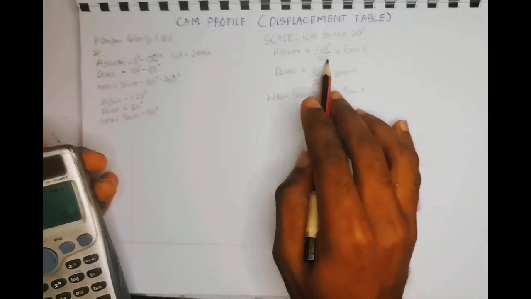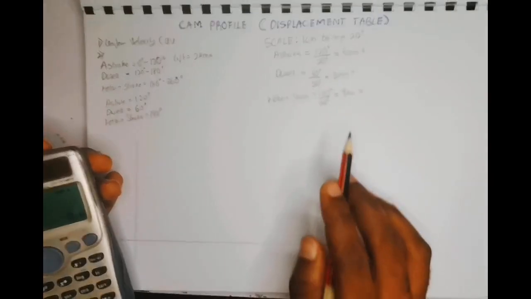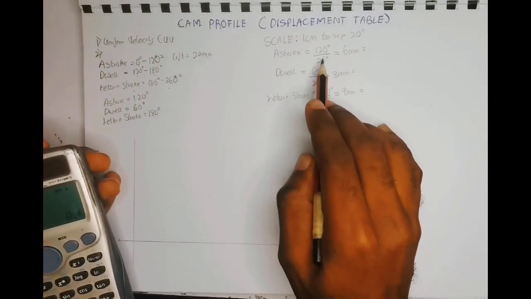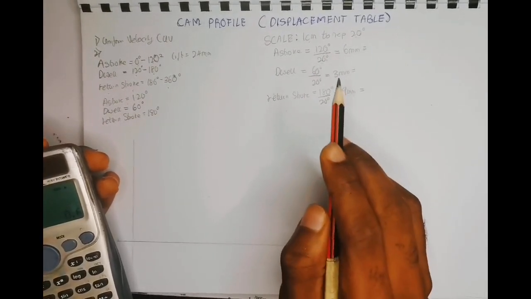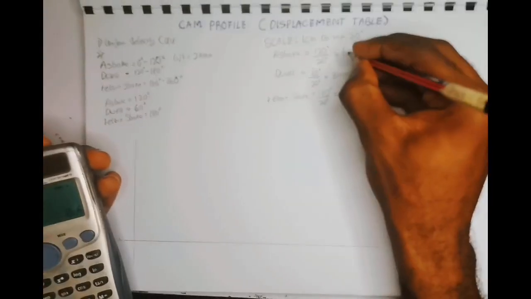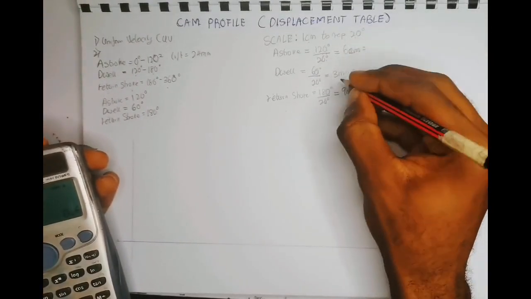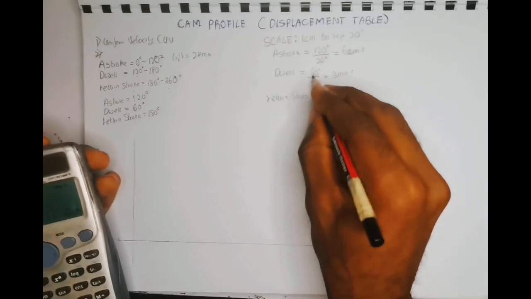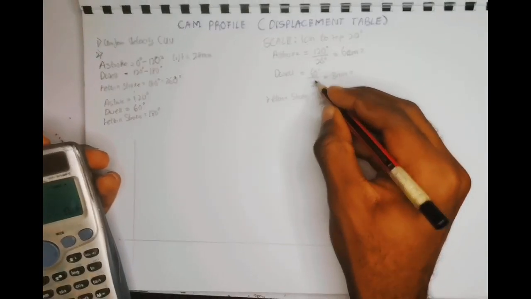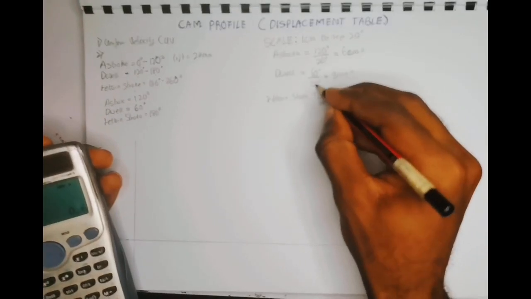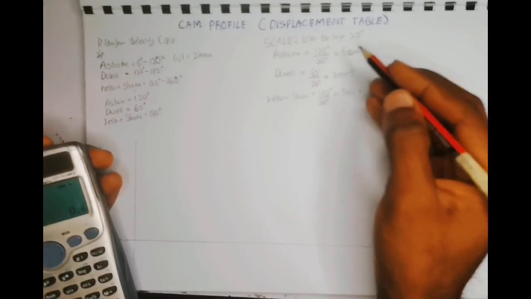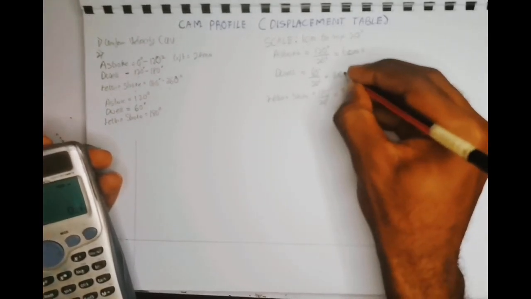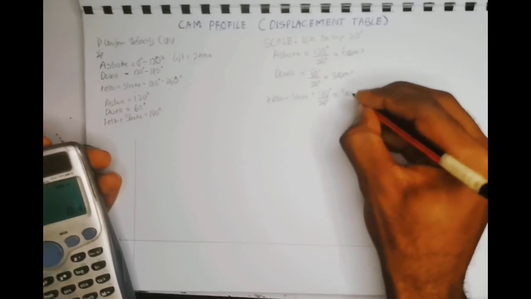So in 120 degrees, each 20 gives you 1 centimeter, so that is 6 centimeters. Each 20 you have in 60 degrees, there are 3 twenties inside 60 degrees, which is 1 centimeter, 1 centimeter, 1 centimeter. That's 3 centimeters. Same here, 3 centimeters.